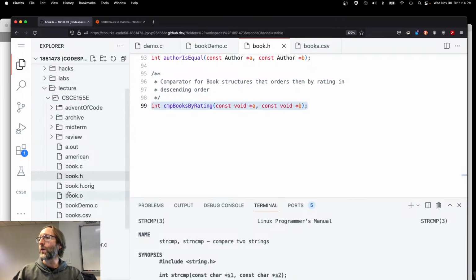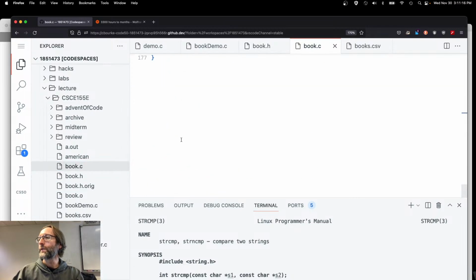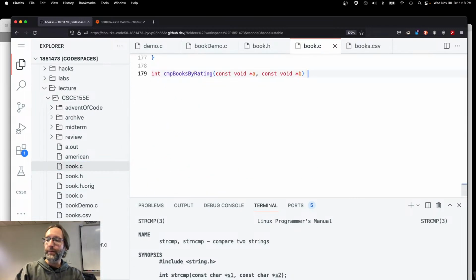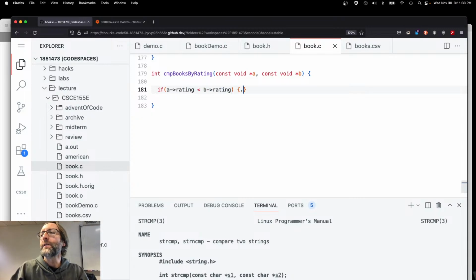Now let's come over here to our source file and let's implement it. What's the first thing that I need to do? Do I have any information about what A and B are? Like, can I access their ratings? Could I go say if A's rating is less than B's rating, then do something?